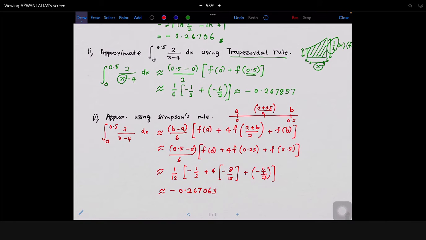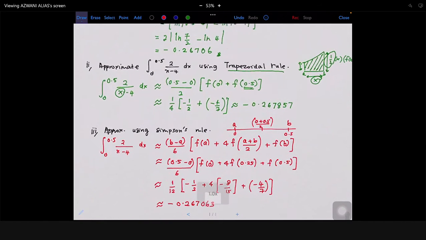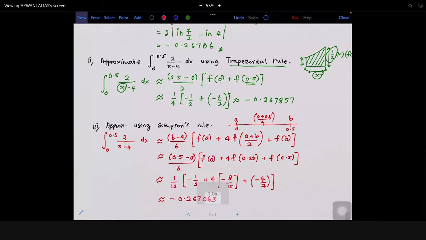Okay. Right. So, kalau kita tengok kan, the exact solution adalah negatif 0.26076. Okay. So, bila kita buat menggunakan trapezoidal rule, kita dapat negatif 0.267857. Compare dengan Simpson Rule, negatif 0.267063.